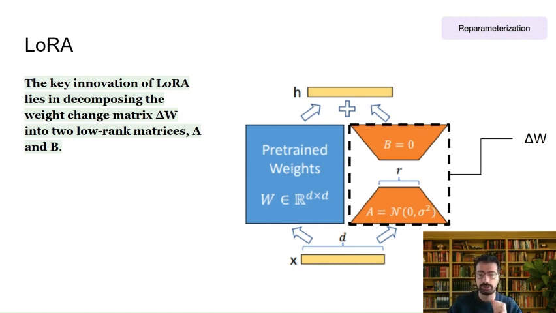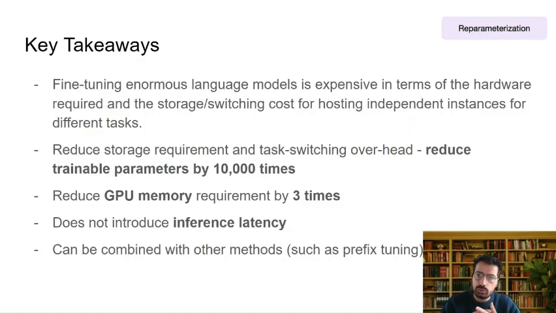So it's quite interesting. Before we move on to the code, why was LoRa such a big progress, and why is it now used by everyone who wants to fine tune large language models? First of all, it's much less expensive in terms of hardware required and the storage switching cost, which means it reduced the storage requirement, or the number of trainable parameters, by 10,000 times.